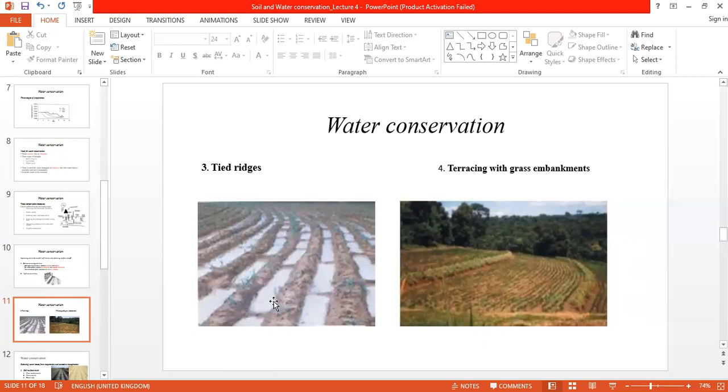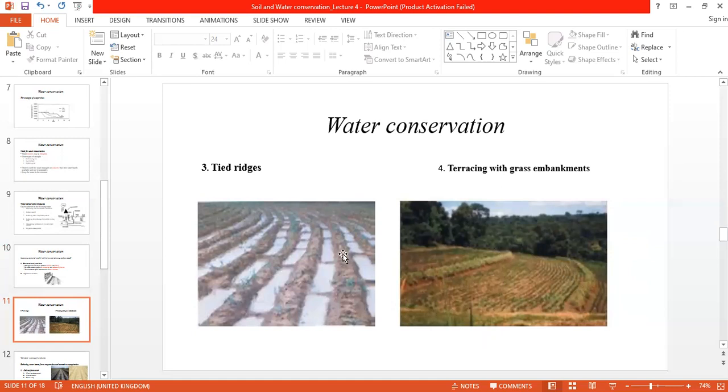So you block it so that it collects in here and then it infiltrates. It's not moving, it's not running off, but also now it will start to infiltrate into the soil.